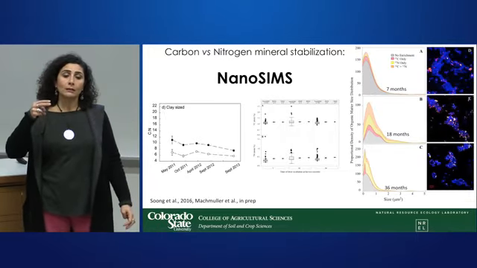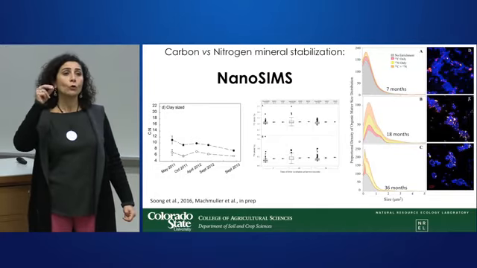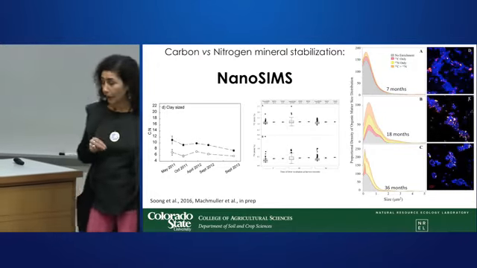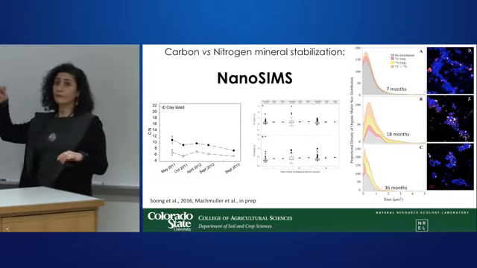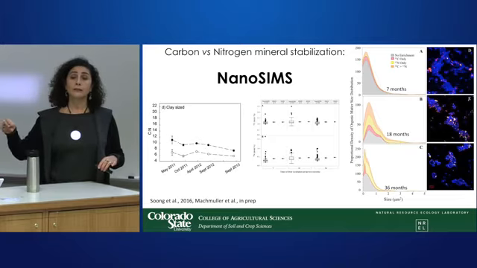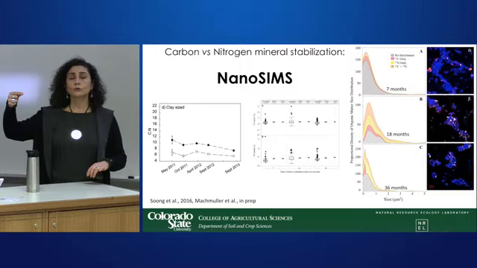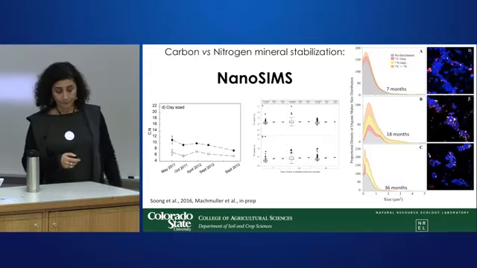Microbial products need to have the carbon and nitrogen together, co-located in the same position. And if you only have 15N and you don't have the 13C associated with that, then it must be a microbial product that respired off the carbon and maintained the nitrogen.